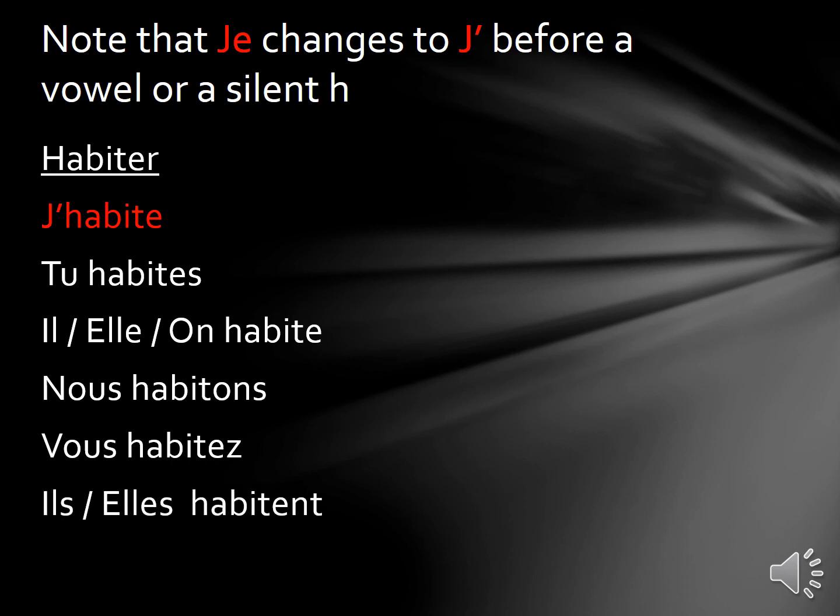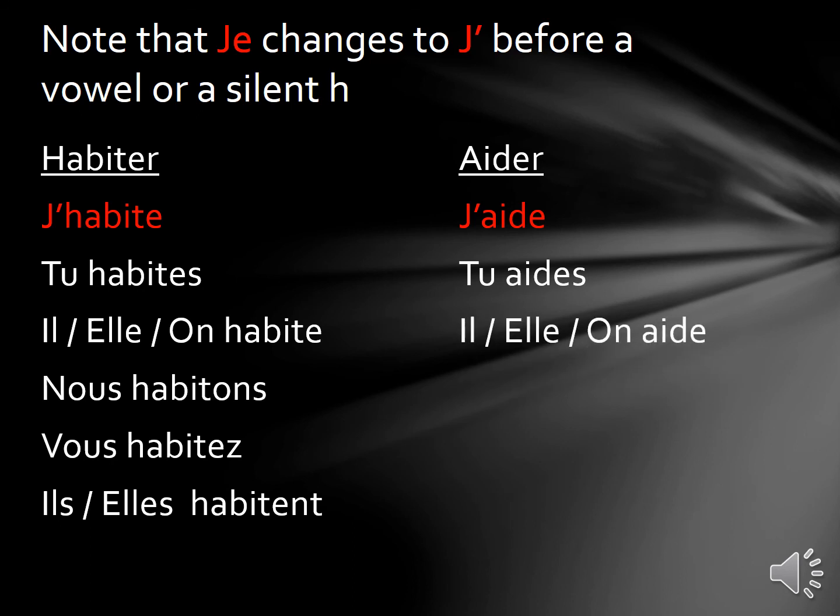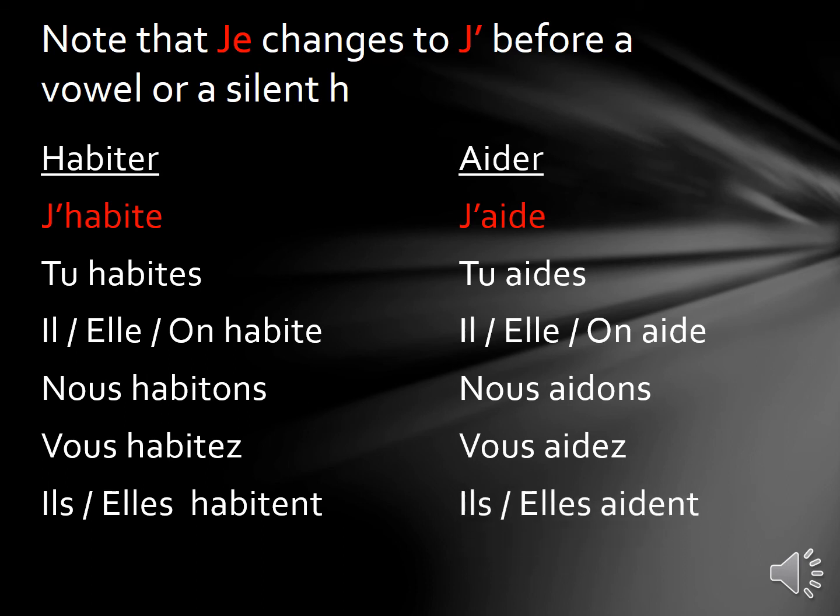Ils, elles habitent. Aider. You don't say je aide, you say j'aide. Tu aides. Il, elle, on aide. Nous aidons. Vous aidez. Ils, elles aident. So this is how we form the present tense of the regular ER verbs.